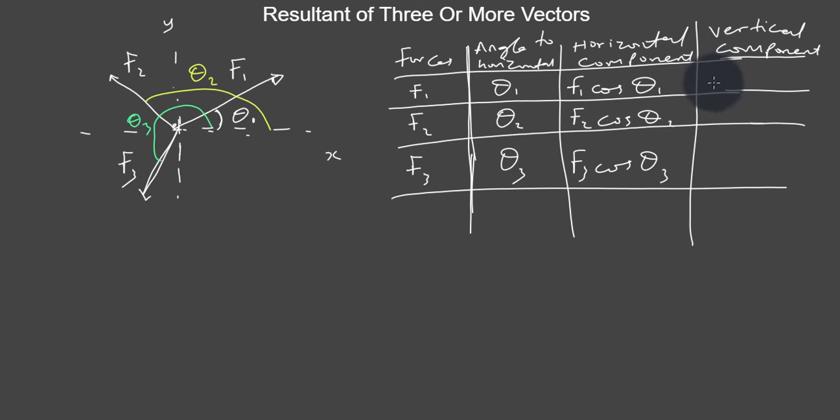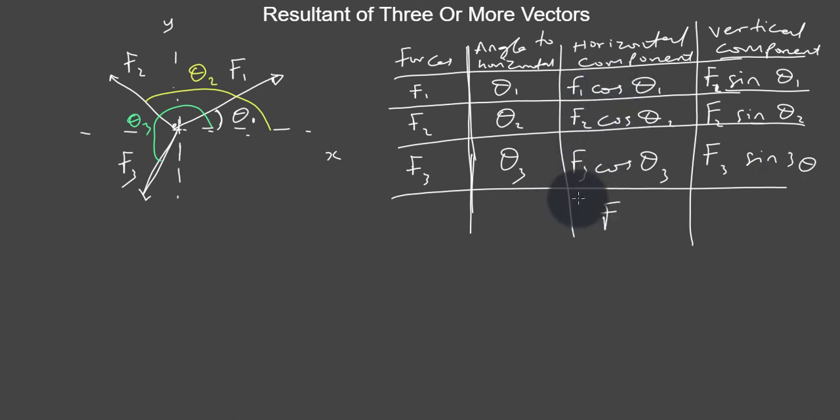For the vertical component, just take F1 sine theta 1, F2 sine theta 2, and F3 sine theta 3.